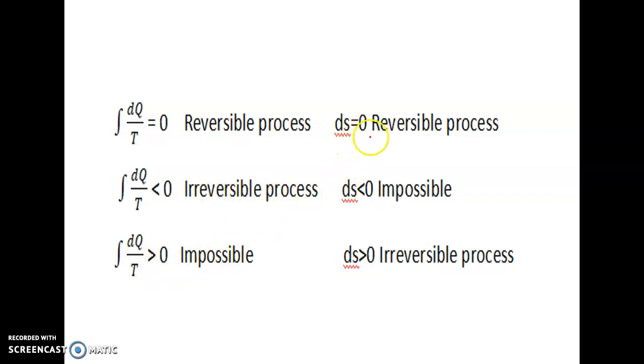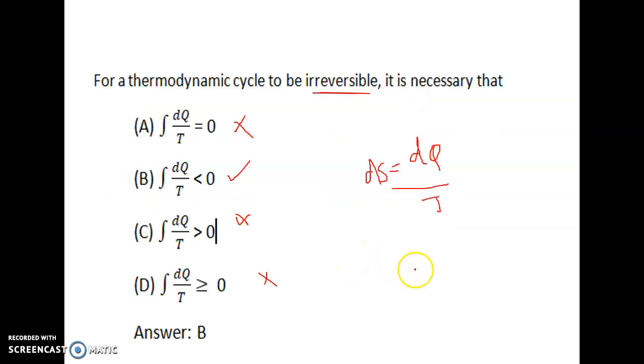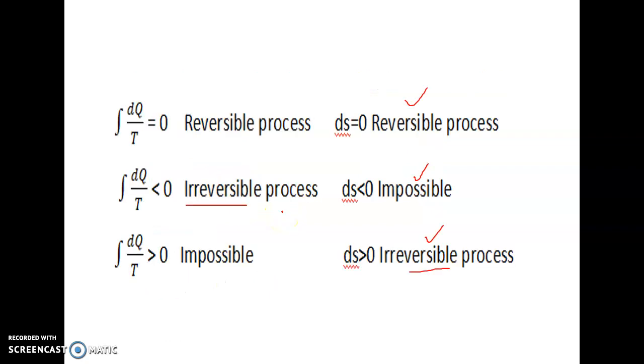The change in entropy ds equals 0 for a reversible process, and ds is greater than 0 for an irreversible process.